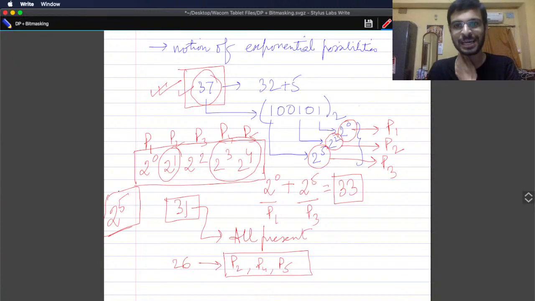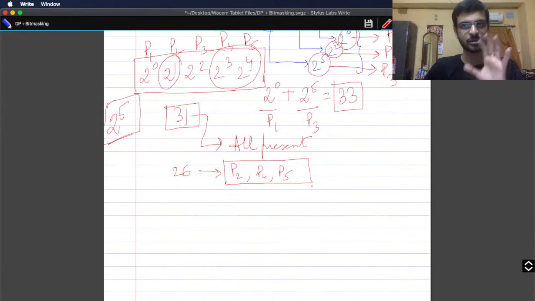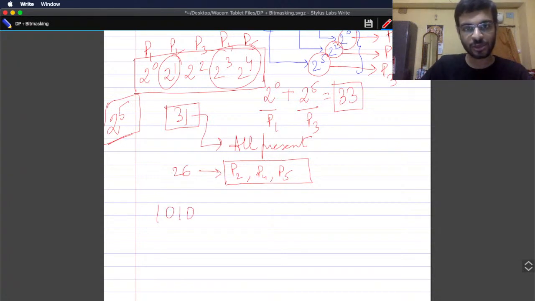Okay, what is bit masking? I'm coming to it. Bit masking is basically saying that in order to represent 5 elements, whether they're present or not, suppose you can say 10101, this represents that the first element, third element and fifth element is present.